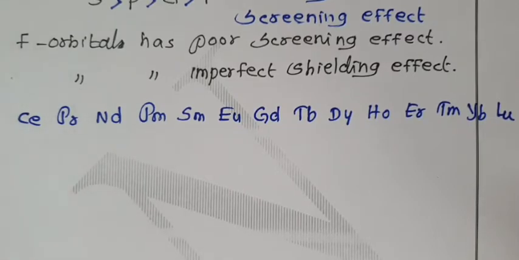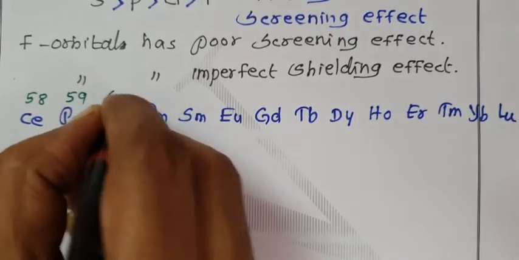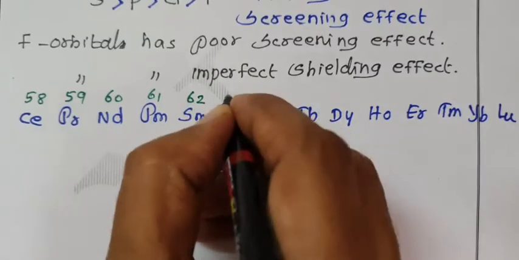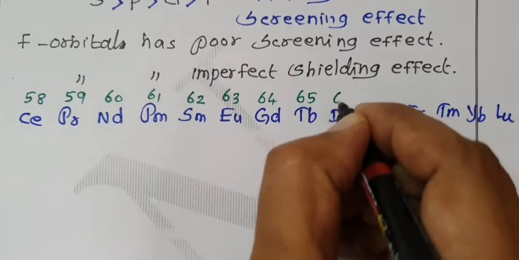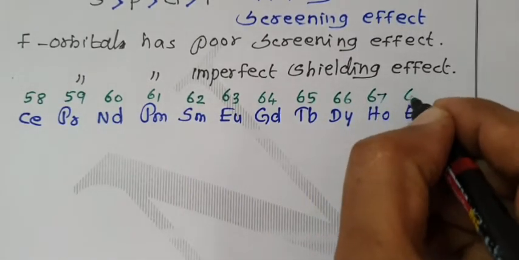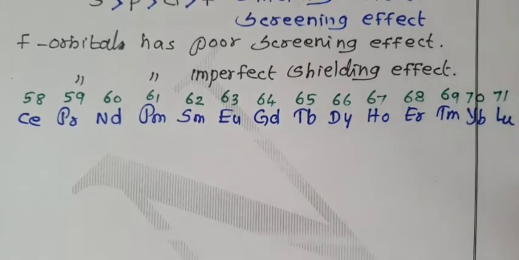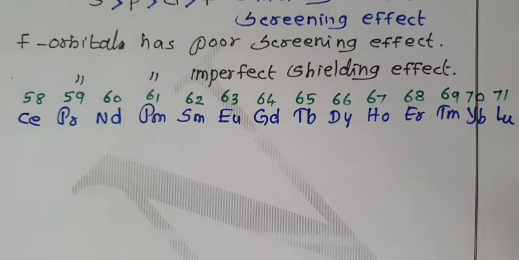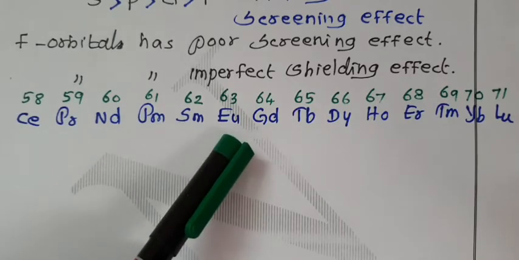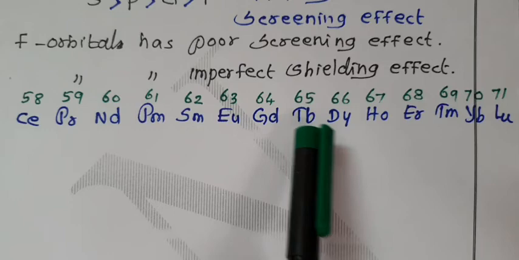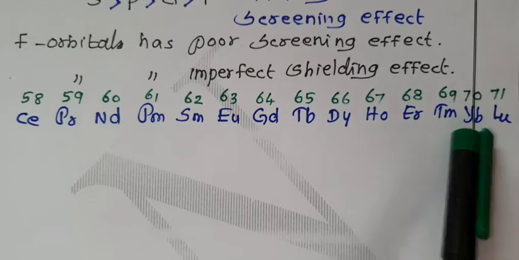Atomic number of cerium 58, 59, 60, 61, 62, 63 europium, 64, 65, 66, 67, 68, 69, 70, 71. These are the atomic numbers of these elements.